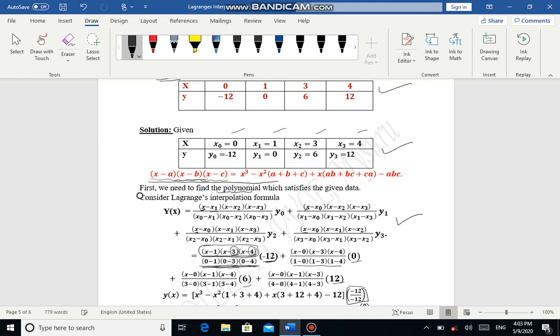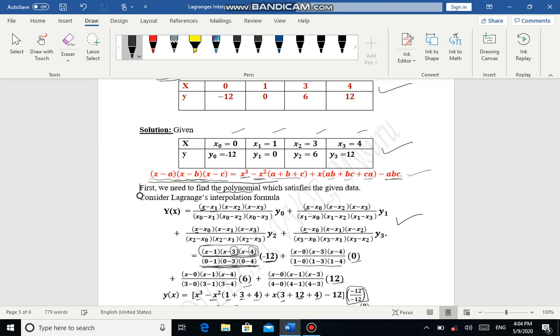Now according to this formula, first consider x cube. Now minus x square into a plus b plus c. According to that, here a is 1, b is 3, c is 4, plus x into ab plus bc plus ca, means a into b, that is 3 into 1, and then b into c means 3 into 4, and then c into a means 4 into 1, minus abc.